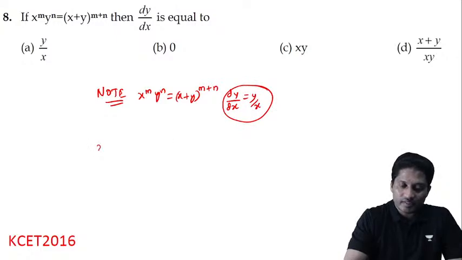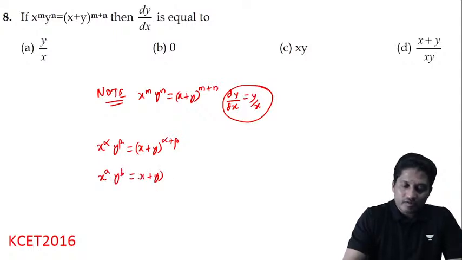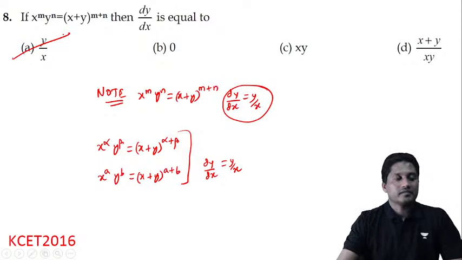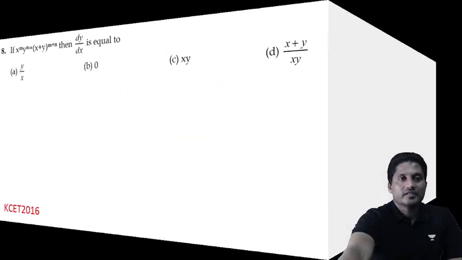Let's say if you have x power alpha y power beta is equal to (x plus y) whole to the power of alpha plus beta, or it might be like this, x to the power of a into y power b is equal to (x plus y) whole to the power of a plus b. Then dy by dx is always equal to y by x. Right, answer is option A. Let's move to the next question.